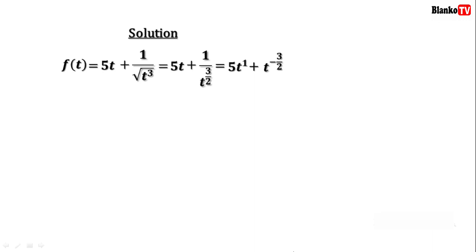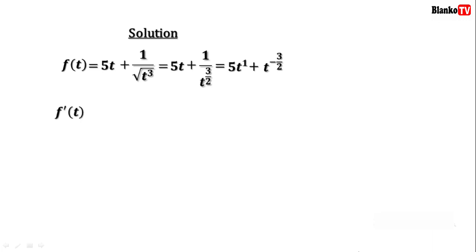Okay, so to find f dash t, what we do is we differentiate 5t raised to the power 1 plus, then we differentiate t raised to the power negative 3 over 2. I hope you understand.